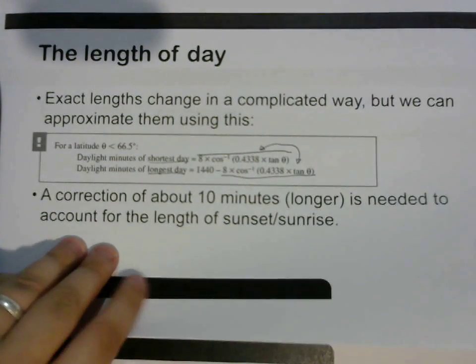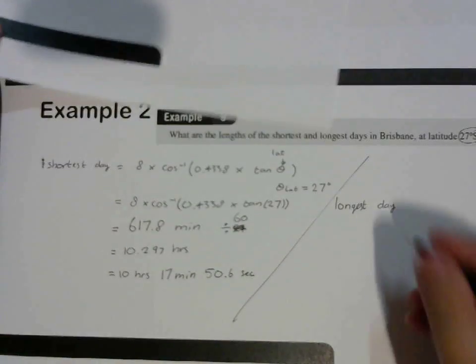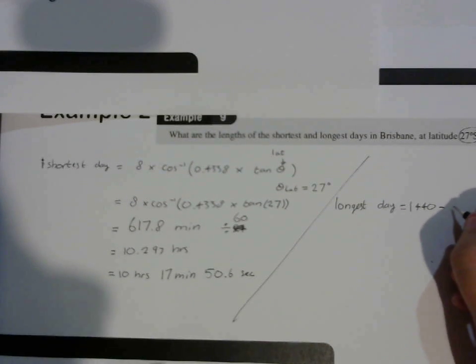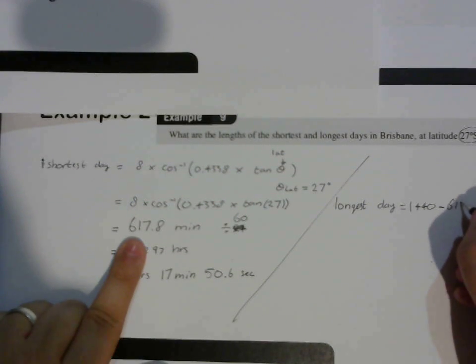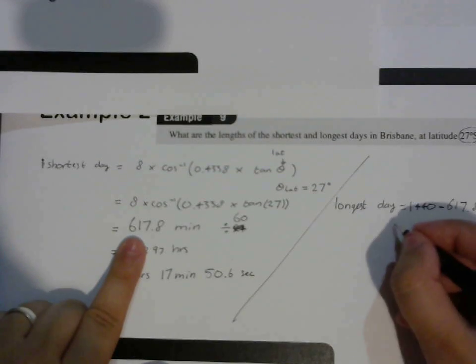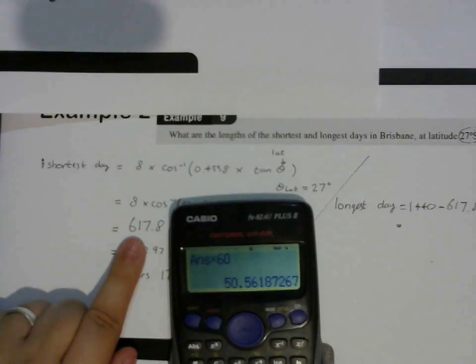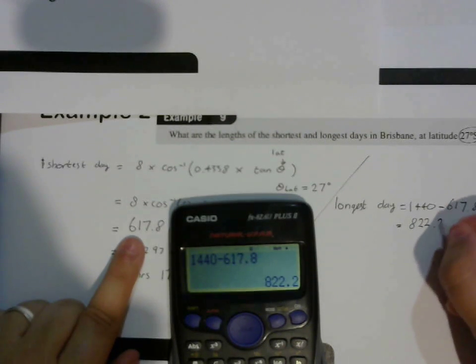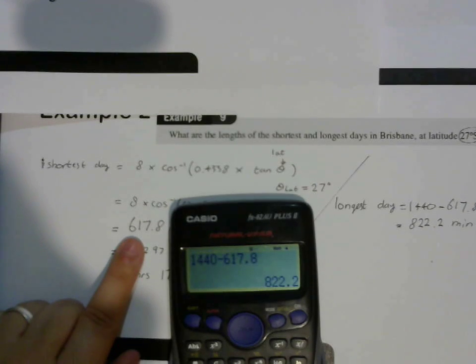Why do it again? I can shorten this to 1440 minutes minus 617.8 minutes, and 1440 minus 617.8 equals 822.2 minutes.